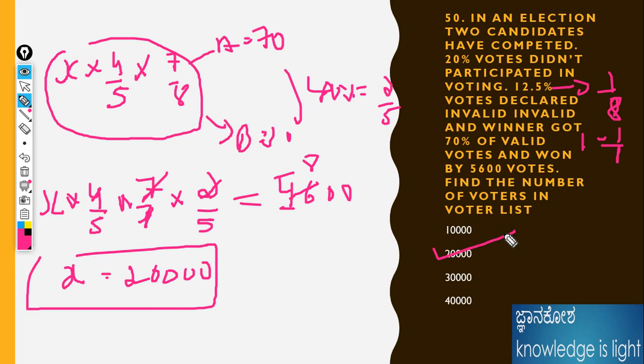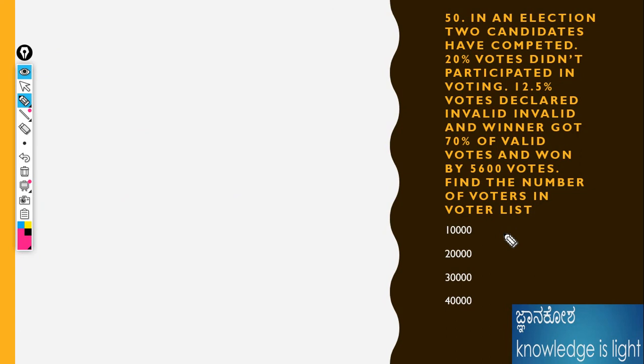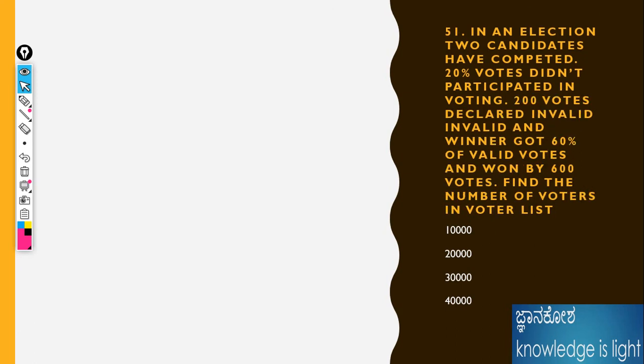Okay, for the next problem. In an election, two candidates have competed. In the same question, 20% means 80%. I don't know the exact percentage, how many persons there are. 80% means 4 by 5. Directly I would write it. Then 20% declared invalid means we need to neglect a number, which has been taken as minus 200.